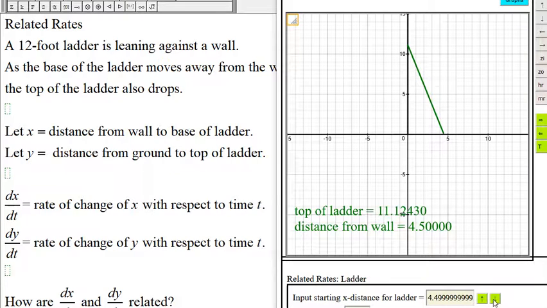And so as the base of the ladder moves away from the wall, the height of the ladder also drops.